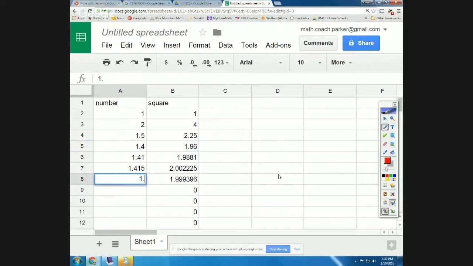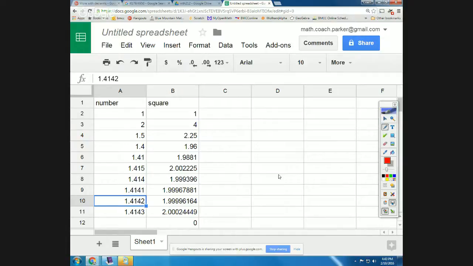It's got to be bigger than 1.414, but it can't be 1.415. 1.4141, too low. 1.4142, getting there. 1.4143, too high. So what I'm doing is nailing digits one at a time. I now know it's about 1.4142. That's not bad, and that was pretty fast.